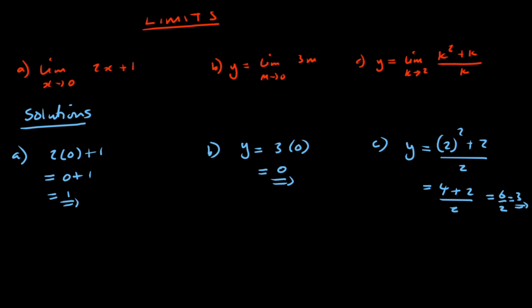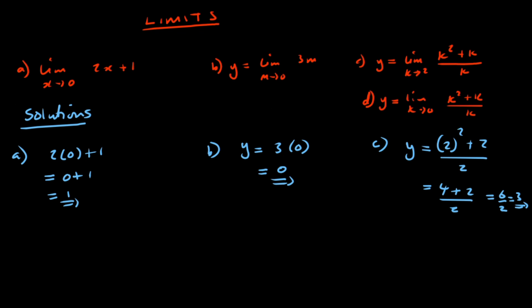But let's say there was a d here, and d was y is equal to the limit as k goes to 0 of k squared plus k all over k. Here we plugged in 2, it was fine because we didn't have contradictions.